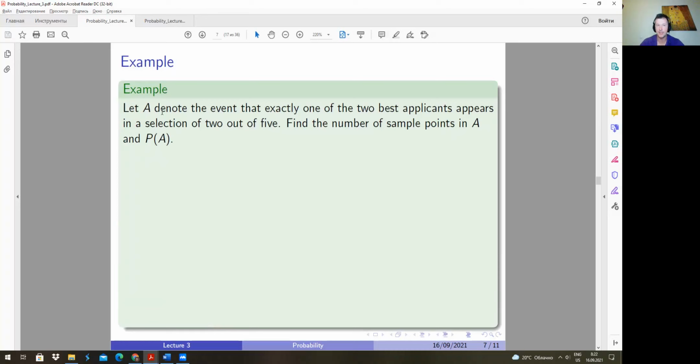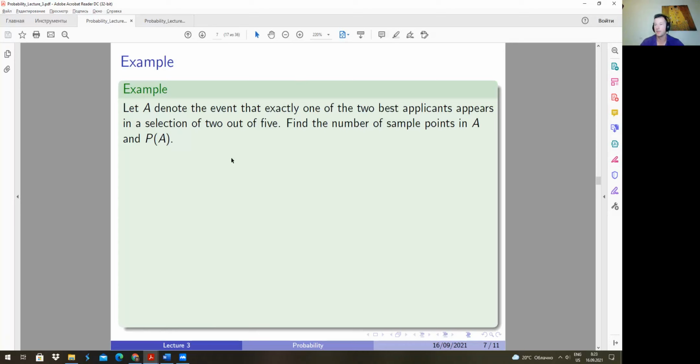If an event A denotes the event that exactly 1 of 2 best applicants appears in the selection of 2 out of 5, you know something about the second. If you select 2 applicants and only 1 is one of the 2 best, then the second one comes from the 3 who are the least, let's say, professional.